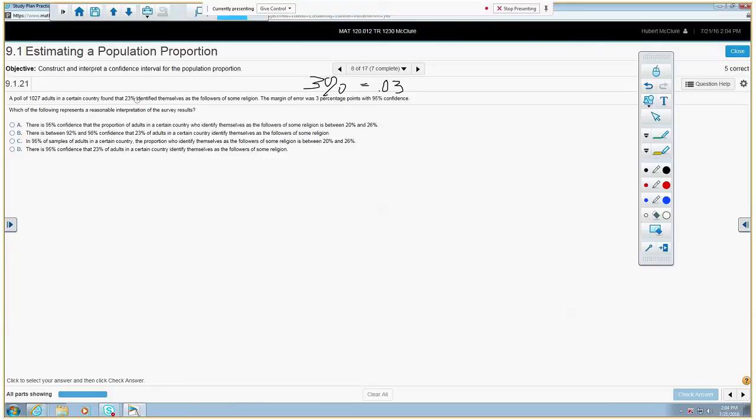Well, we know this is P hat, right? So P hat is 23%. This is going to be what? 20% to what? 26%.